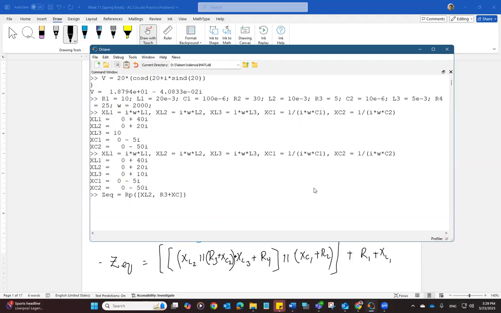And again, you can separate each part of this impedance and calculate it separately if it is too complicated for you. The whole thing can be calculated in a single line as I'm showing you. But as I said, you can first calculate the parallel equivalent using the parallel function, assign it to a variable, Z1 or Z2, then add XL3 and R4 to that, assign it to another variable, then make the parallel combination with XC1.